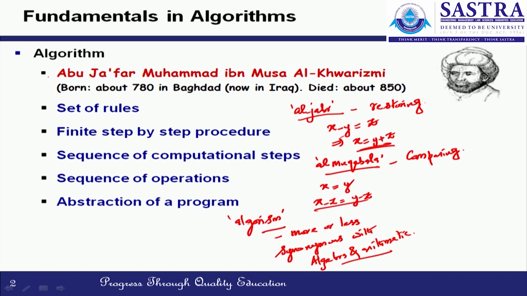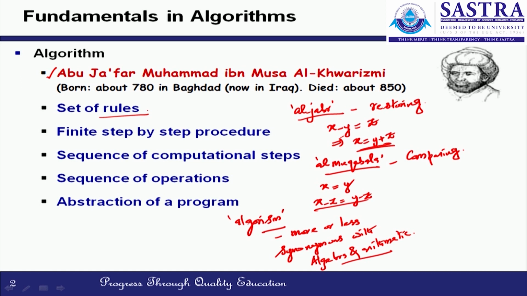According to Abu Jaber Muhammad ibn Musa al-Khwarizmi, the word algorithm is defined in different ways. For example, first, algorithm is defined as a set of rules for carrying out the calculation either by hand or by using a machine.